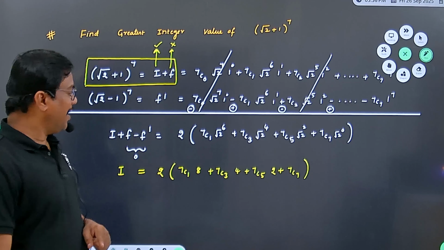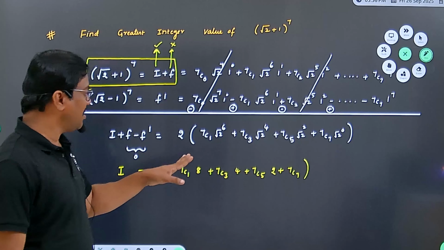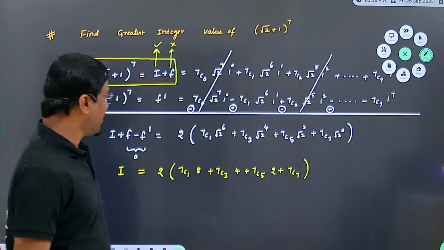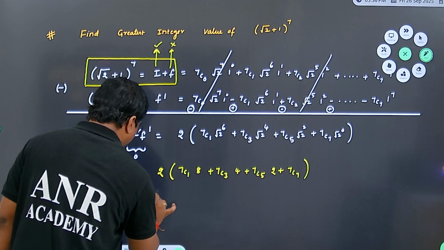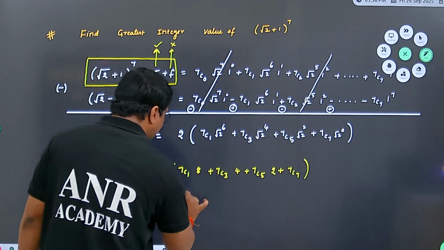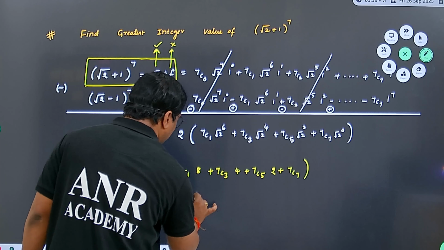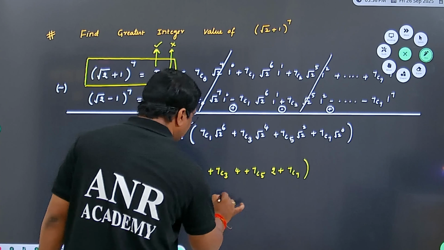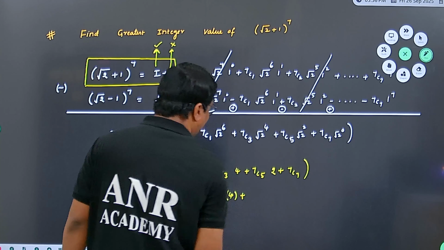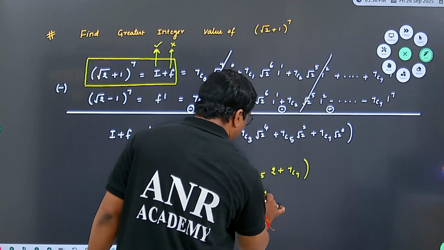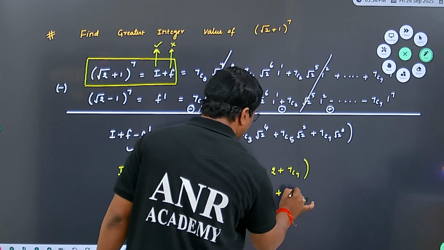Now you need to write the values of 7c1, 7c3, 7c5, 7c7. You know that 7c1 value is 7 into 8. Next plus 7c3 value you have to write into 4. 7c5 multiplied by 2. 7c7 value 1 here.